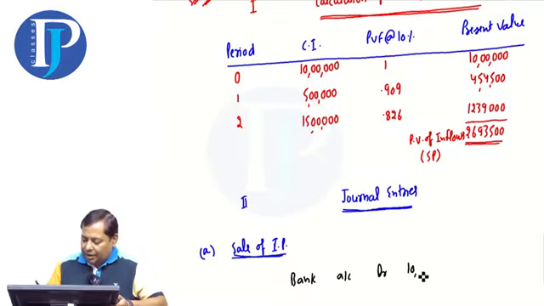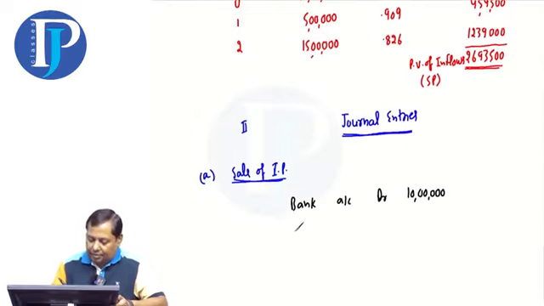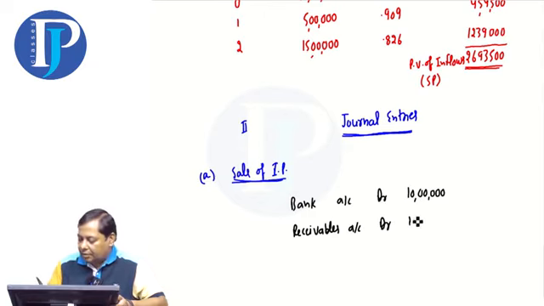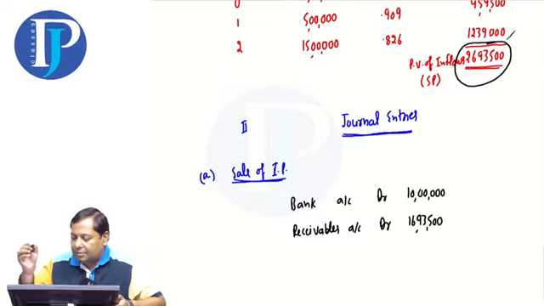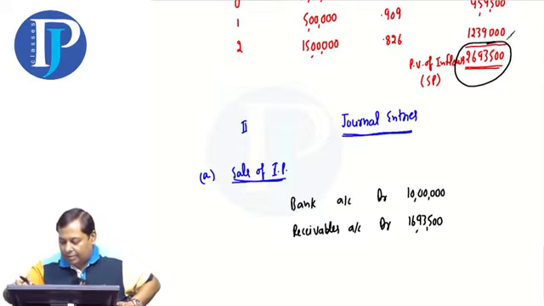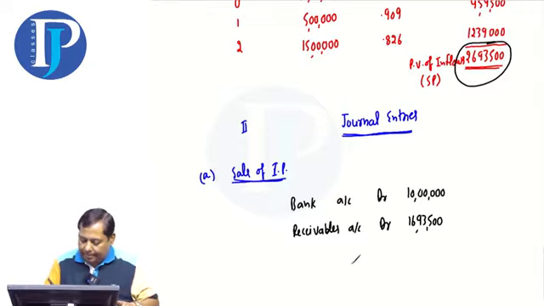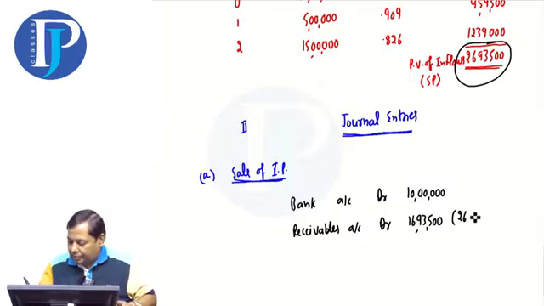Many will say that in the down payment we have rupees 10 lakhs. In this, receivables debit. Tell me how much money will come in receivables? 16 lakhs 93,500. How? As 26 lakhs 93,500 was the amount, 10 lakhs are received and the remaining amount is outstanding. I'll write it down so there is no confusion.